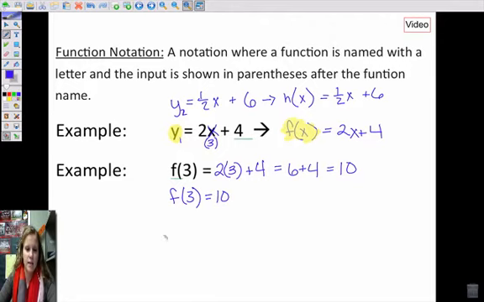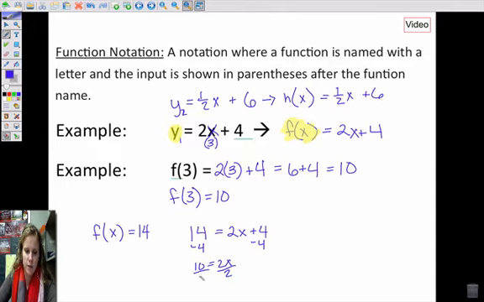You'll also be asked things like find x when f of x equals 14. When f of x equals 14, that just means we put in 14 equals 2x plus 4, and we've done this before. We subtract 4 from both sides, and then we have 10 equals 2x, divide by 2, and 5 equals x.